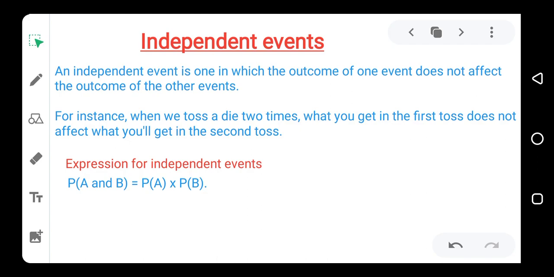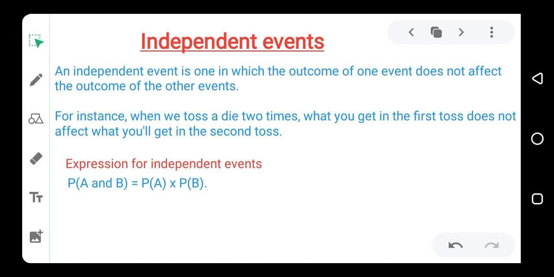We gave so many other examples in the previous lesson, but for the purpose of calculation, we are going to be using the die as our example here. Also, when we throw a coin, the probability that you get head in the first one cannot affect the probability of getting head or another outcome in the second toss.